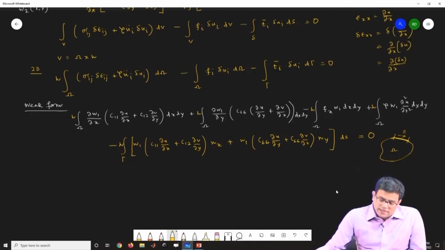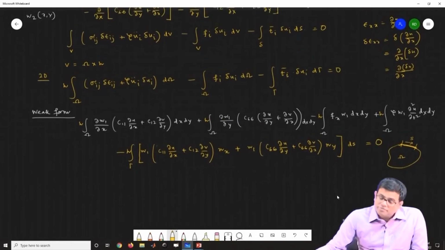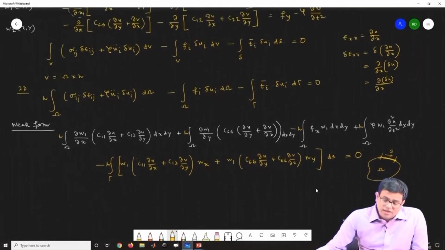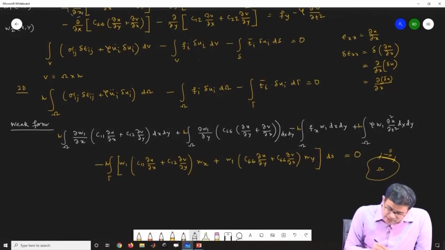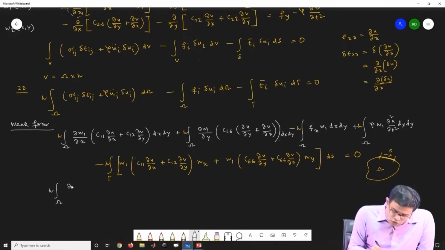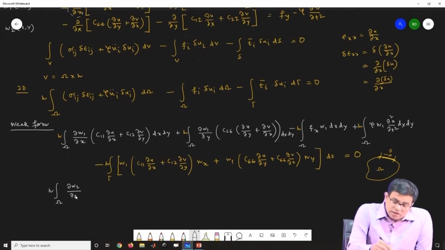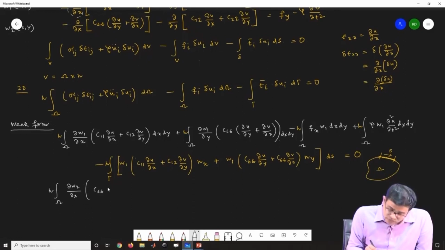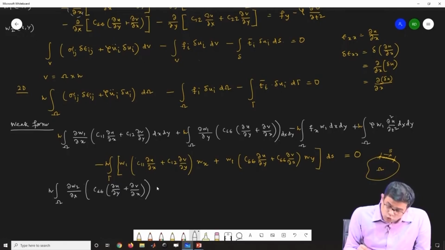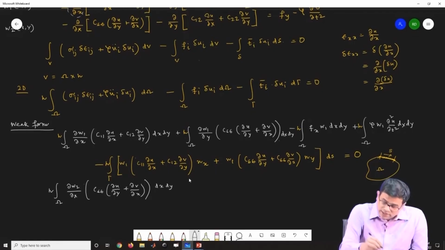Now similarly the second equation we can also write. Here again if I write the second equation, we have to multiply with h. So omega, that is del omega 2 del y or del x. The first term is del x. Now C66 del u by del y plus del v by del x into dx dy. That is my surface term, the first term.